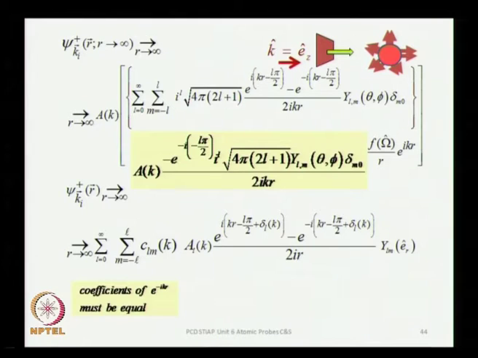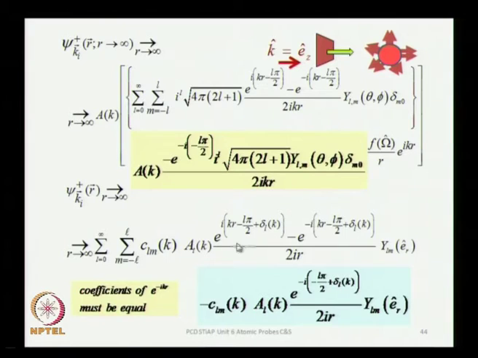So, this is the coefficient of e to the I k r, we already went through these terms, and then over here this is the coefficient of e to the minus I k r in this expression, and now all you have to do is to equate this thing which is in the yellow background with this thing which is in the blue background.